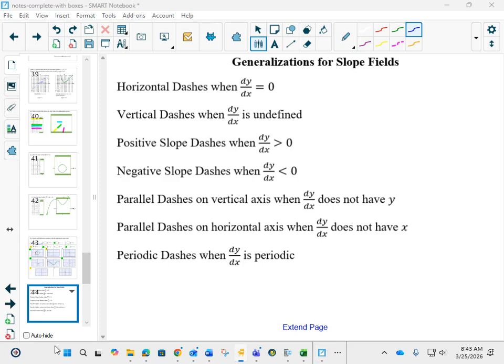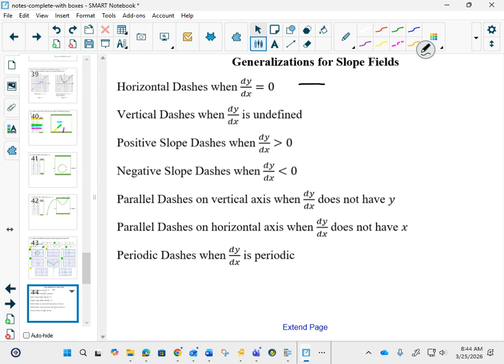Yesterday we were introduced to slope fields, and today we're going to look at some of those patterns. We know that if your derivative equals 0, you have horizontal tangent lines.